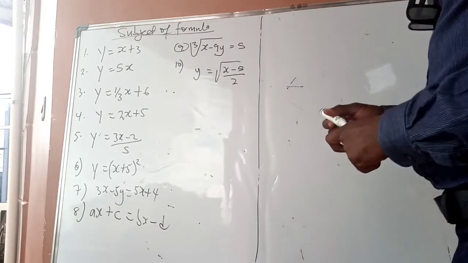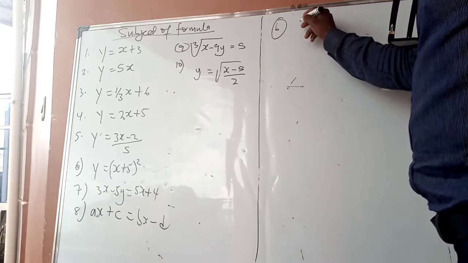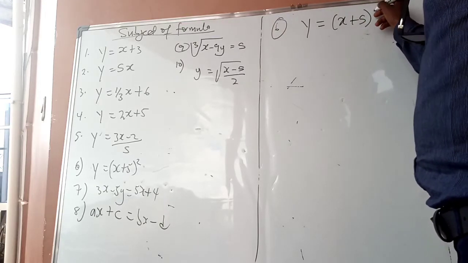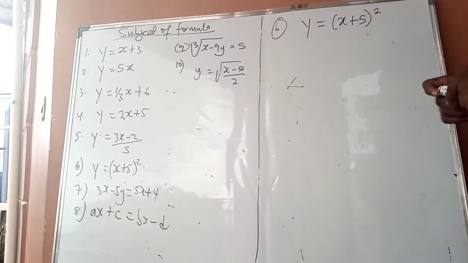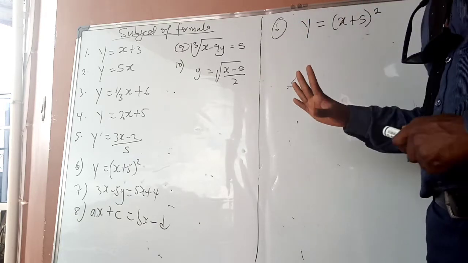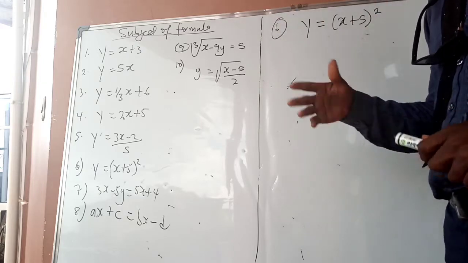Here, compared to the ones you've been solving, after the sixth question, where you have y equals x plus 5 all squared, we are asked to make x the subject of the formula. Today, we are just treating subject of the formula that concerns only 2 variables. You can observe that the 2 variables you can see are just x and y.